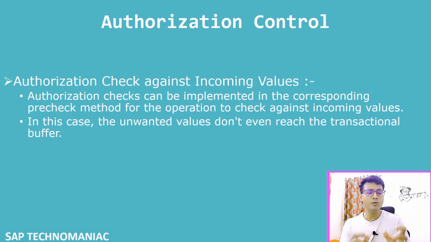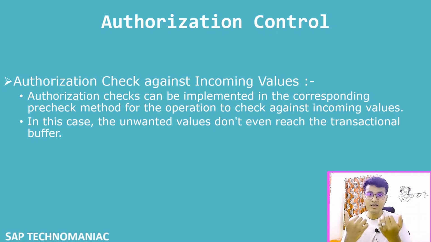For example, for better understanding: whenever a particular user creates a sales order, the sales order amount should be greater than 1000, only then should that user be able to create the sales order. Otherwise he should not be able to create it. That kind of check I want to do. This kind of check we can do in the pre-check, because when the user creates the sales order, they enter the amount value, and then that amount value comes to the pre-check method.